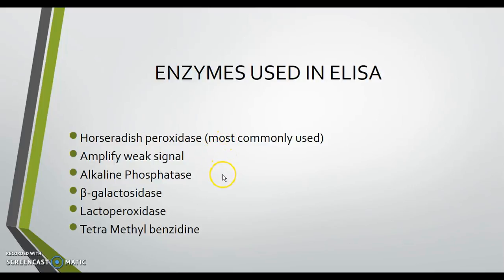Why is this enzyme specifically used in most ELISA procedures? That is because it has the ability to amplify weak signals. Due to this, it can detect small molecules that are found in the reactions, such as the antigens.